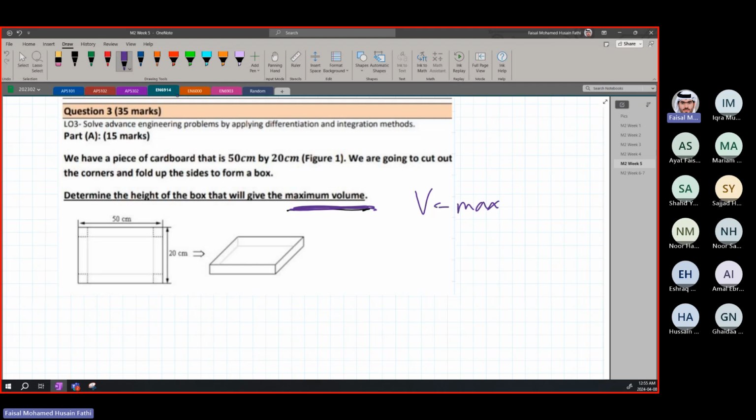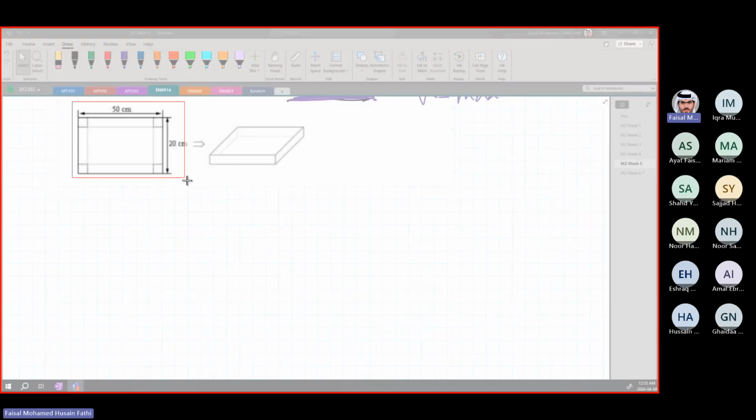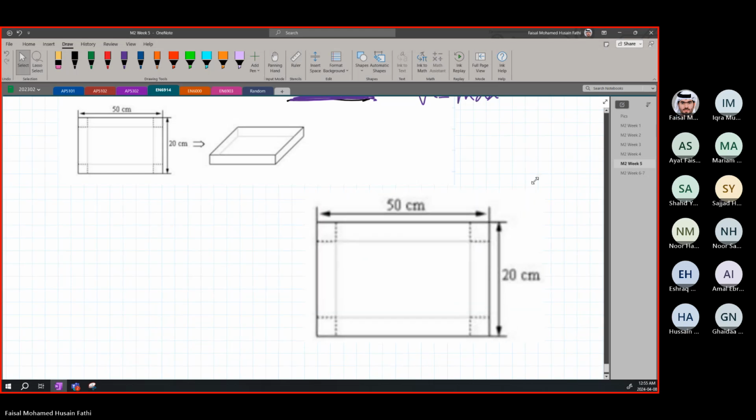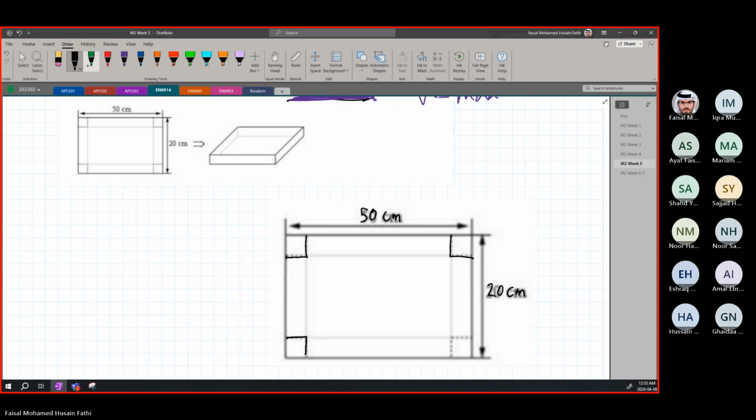Second, we know we are going to make cuts on this part. Here they gave us 50 centimeters. This is 50 centimeters and this is 20 centimeters, and they want us to cut out the corners of this box.